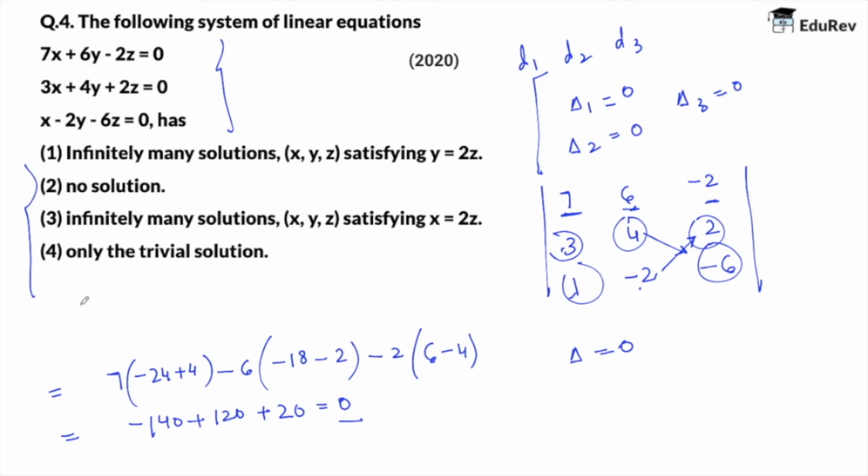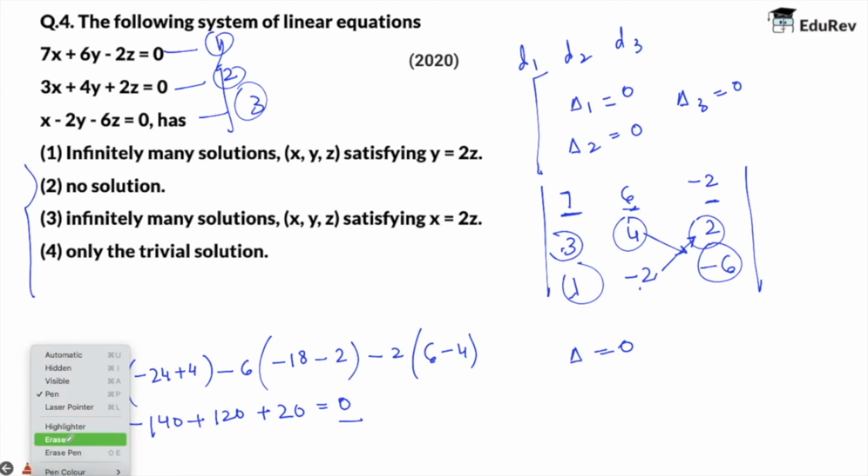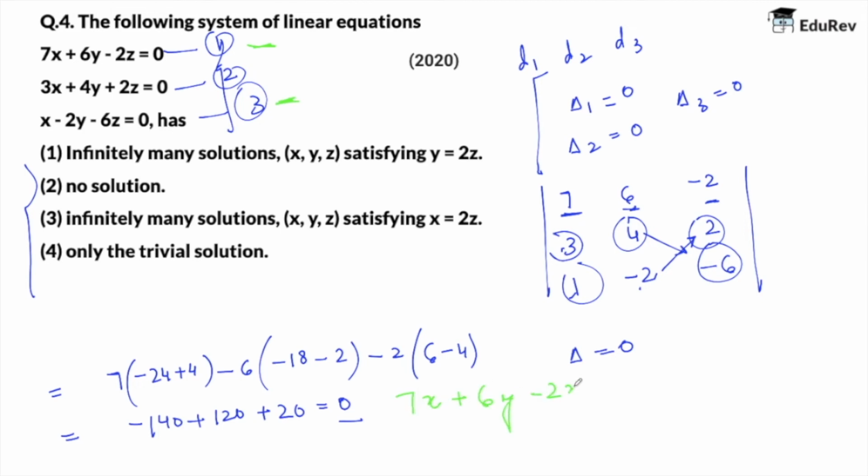Now, let's suppose this equation is 1, this is 2 and this is 3. When I am handling equation 1 and equation 3, actually not 1 and 2 but 1 and 3, and if I am solving it, can I write that 7x plus 6y minus 2z plus 3 times (x minus 2y minus 6z) equals 0?